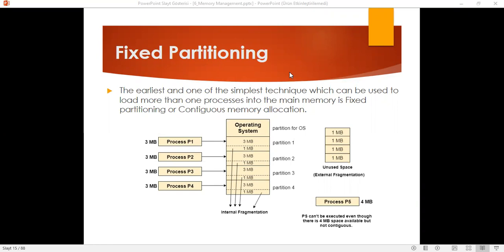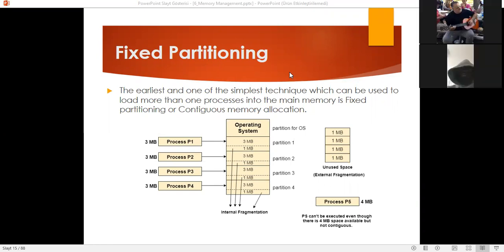That means when we put all of the processes, their data will not be mixed with the others. So that's why we are making partitioning. We are arranging a space for each process.